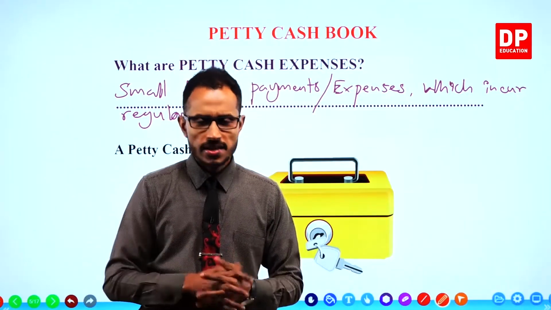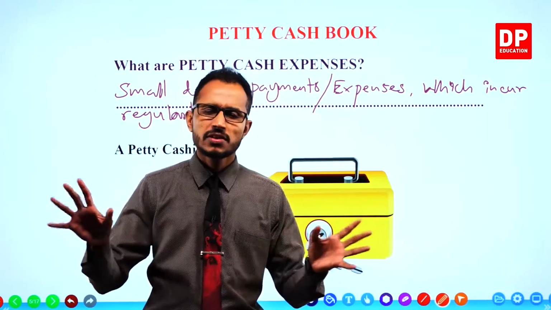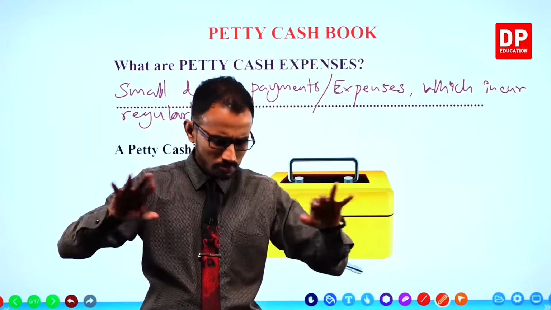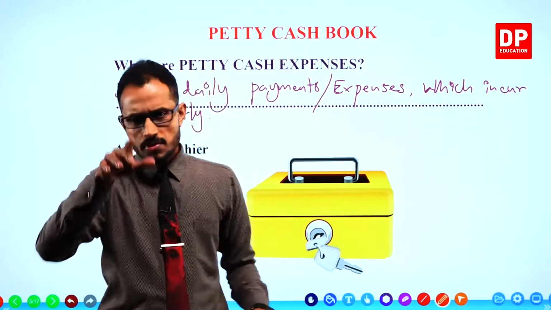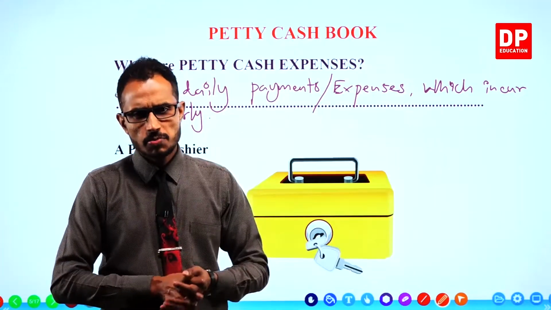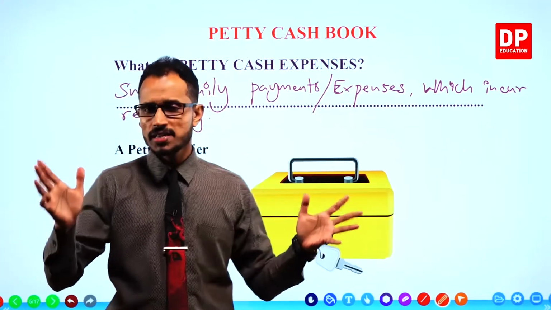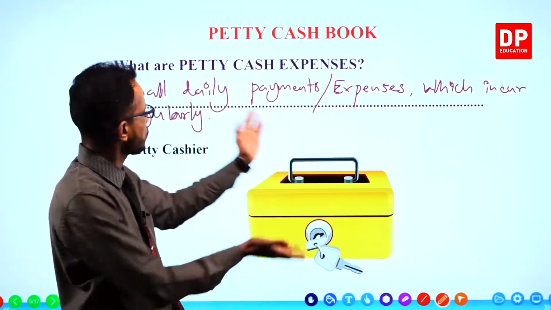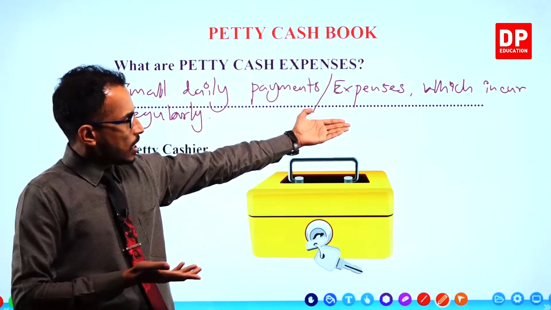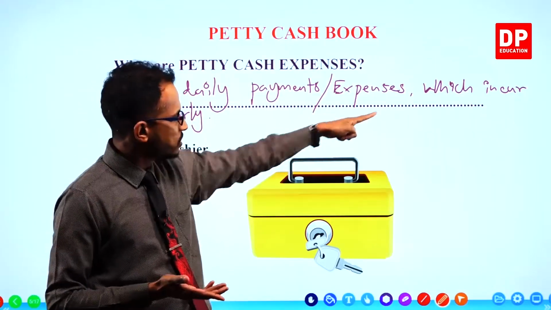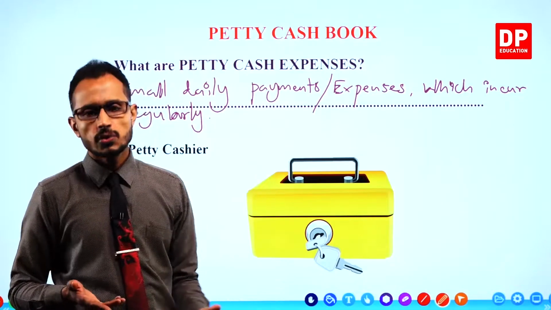Always these payments are done for various purposes. We will learn for what purposes we make these payments. But petty cash expenses means this: small daily payments, expenses which incur regularly.